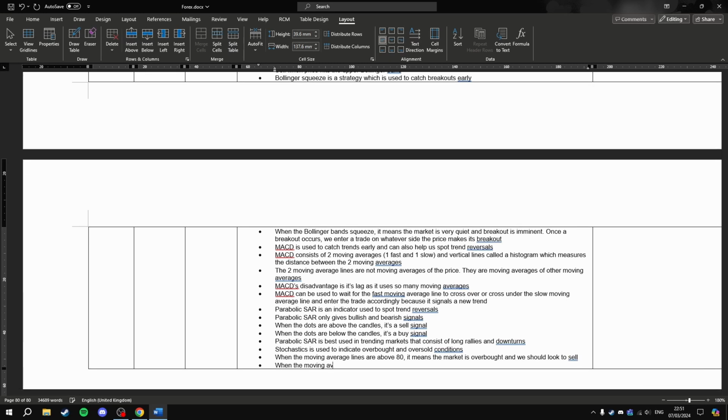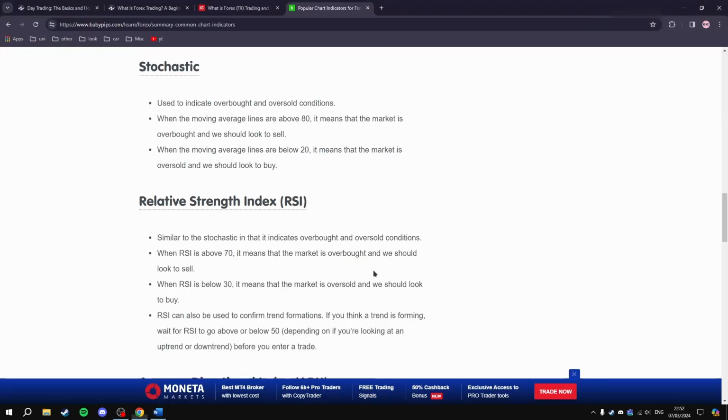When the moving average lines are below 20, it means the market is oversold and we should look to buy.